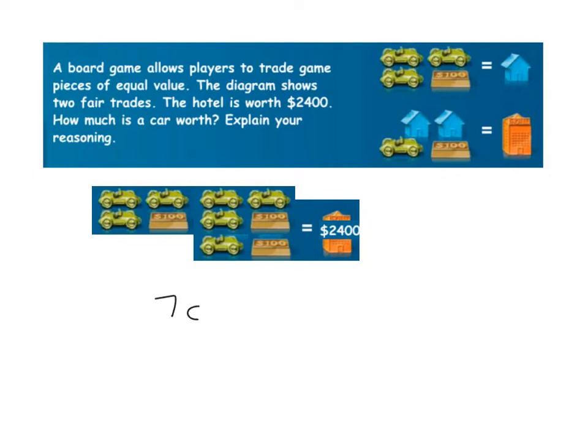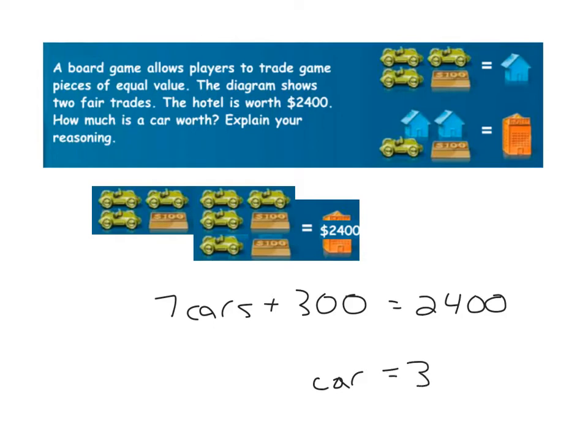So 7 cars plus $300 equals the $2,400. And when we solve this, you should know how to solve this, we will come down to 1 car equals $300. Okay, that was a substitution situation, and we're going to learn about how to do that mathematically right now.